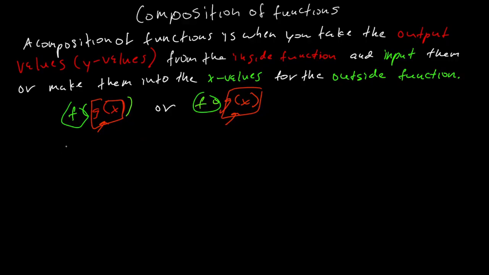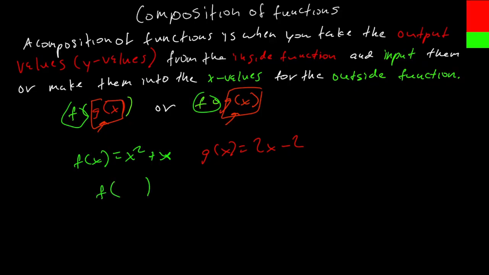For example, if we have f of x equals x squared plus x, and then you have g of x equals 2x minus 2, what is the value of f of g of 4?